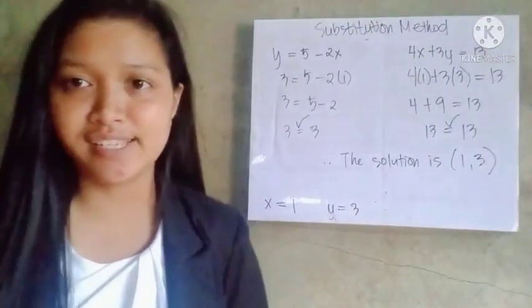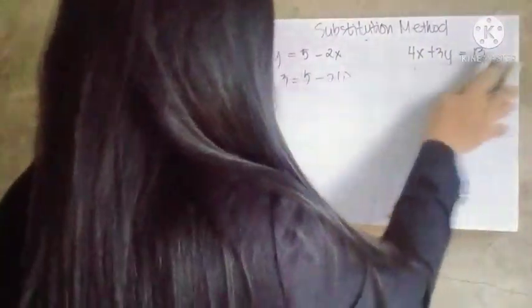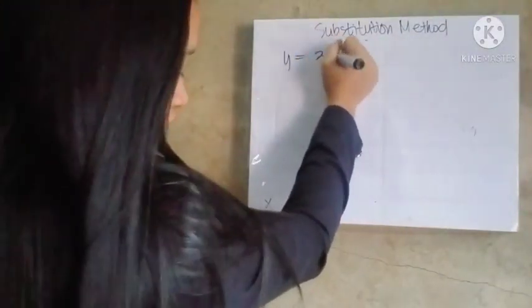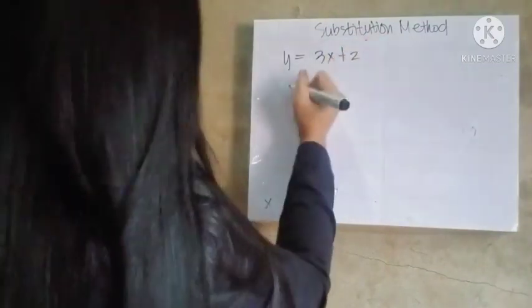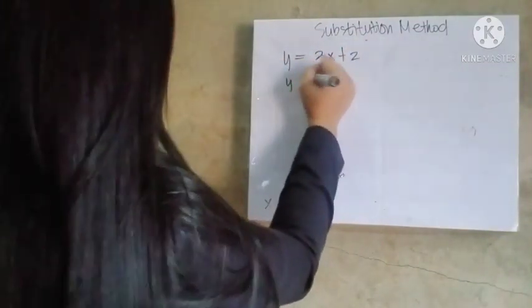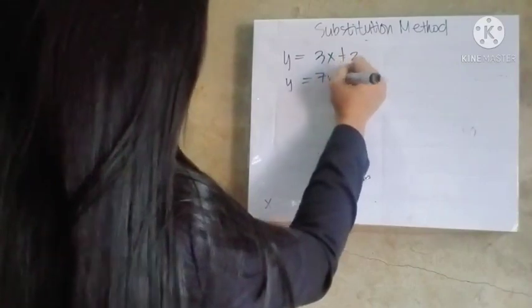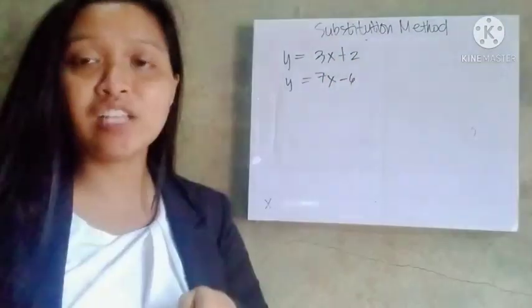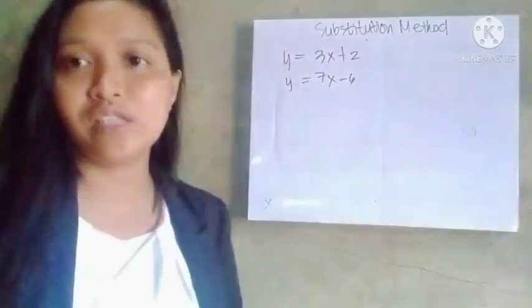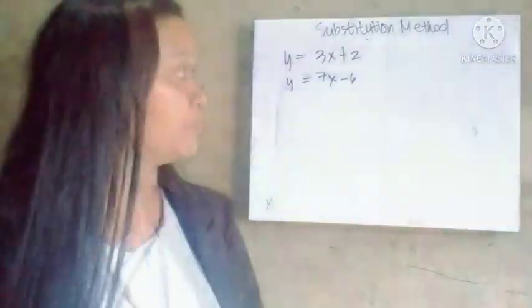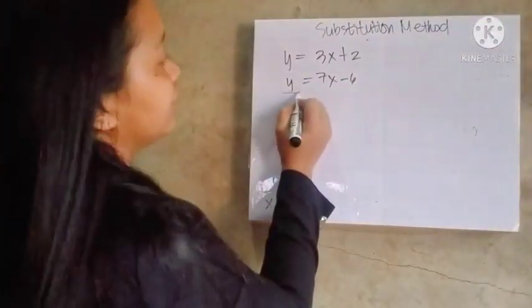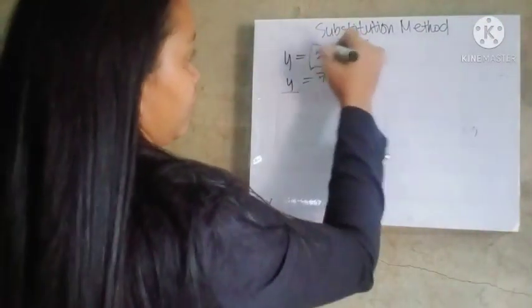Now, what about this example? Let's say y is equal to 3x plus 2 and y is equal to 7x minus 6. How can we solve this using substitution? Let's see. We can replace this value into this one.